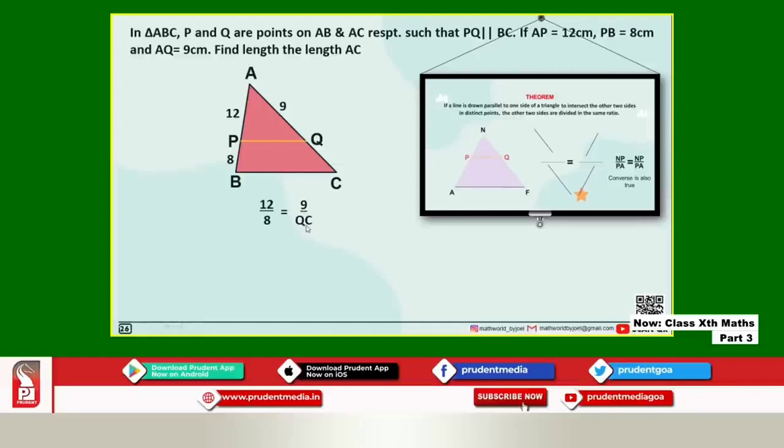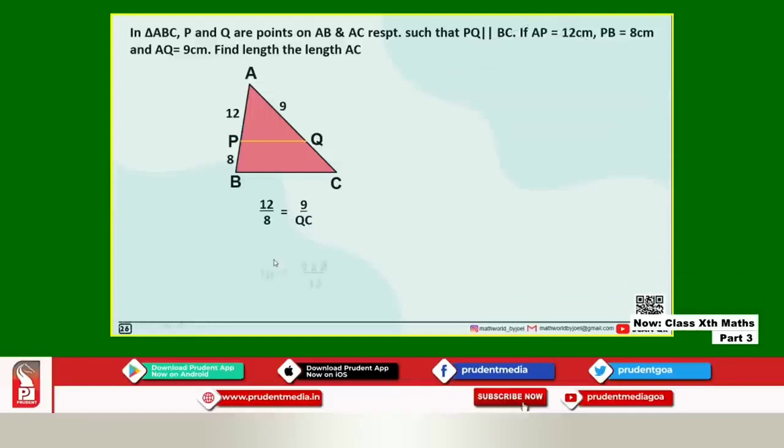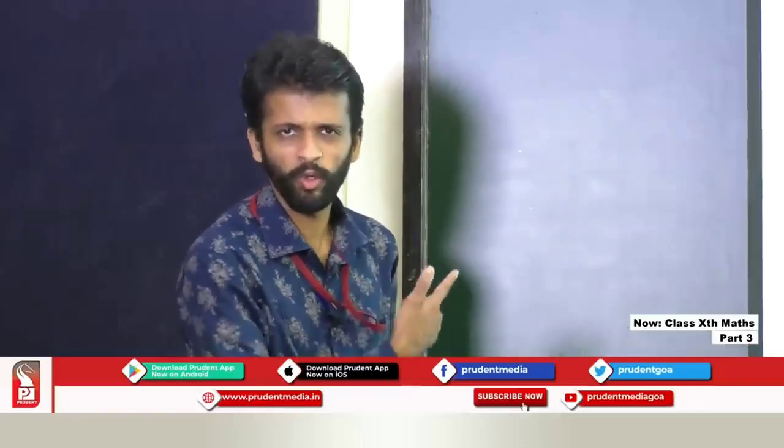Okay, so QC is in the denominator, throw it on the other left hand side and take it in the numerator. So this would become something like this. 8, which is in the denominator, goes on the other side, gets multiplied and divided by 12. After calculation, you got QC is equal to 6. But wait a second, are you asked length of QC there?